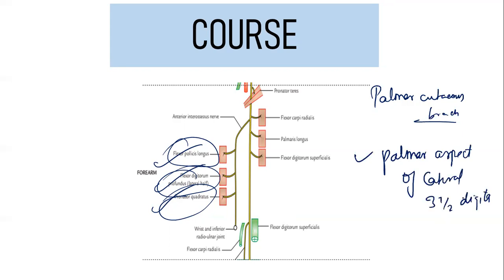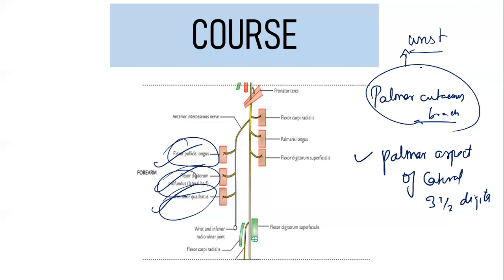Yes, the dorsum of the lateral 3.5, including the nail beds, was supplied by the radial nerve. Now the palmar aspect of the lateral 3.5 is supplied by the palmar cutaneous branch, which arises at the level of the wrist and runs superficially over the carpal tunnel. See how beautiful the story is? Yes, very beautiful. So this is with respect to the palmar cutaneous branch.